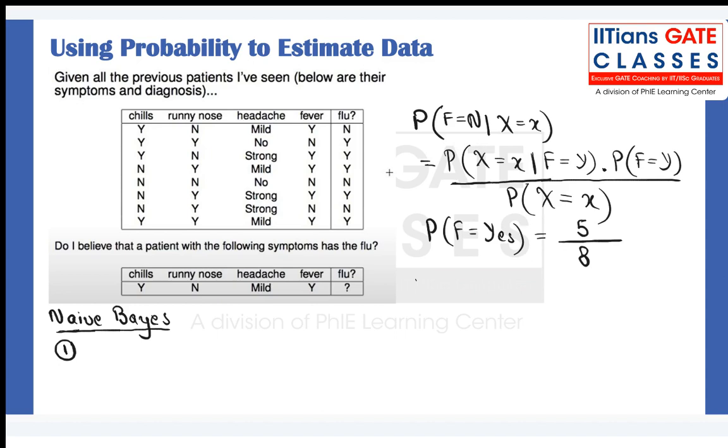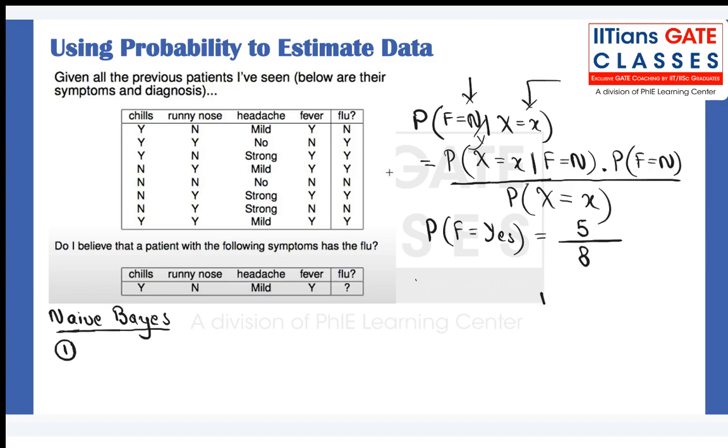Can you tell me which is that term? Given that he does not have flu, given a person with some characteristics X, what is the probability he doesn't have flu? Or what is the probability that he in fact has flu?